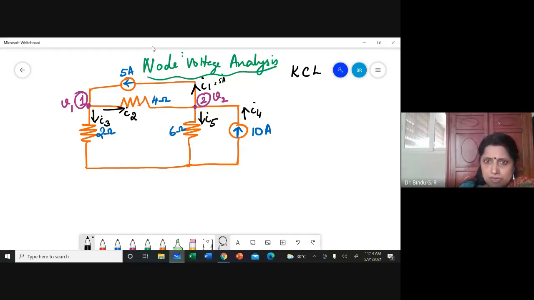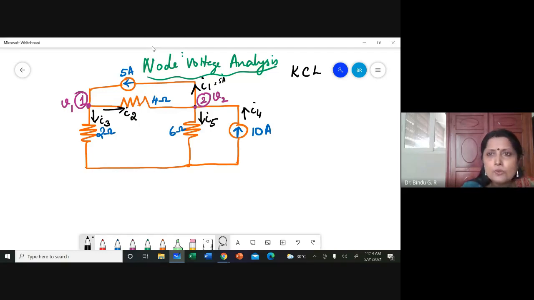And when you apply current law, the given current sources can directly be put as those currents. When it comes to voltage sources, we'll see in the next class. Today we'll confine our discussion to those networks which have only current sources.